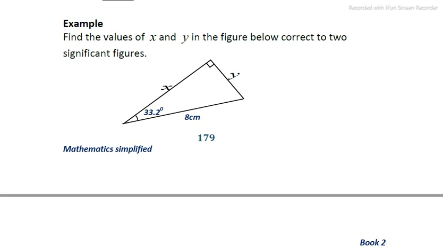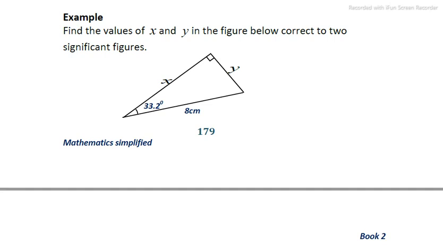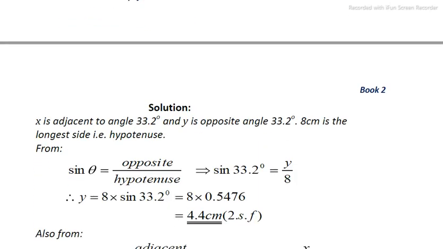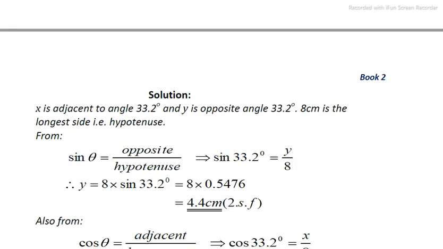For instance, sine of 33.2 is opposite, which is y, over hypotenuse, which is 8, meaning that we shall have sine of 33.2 equaling y over 8.